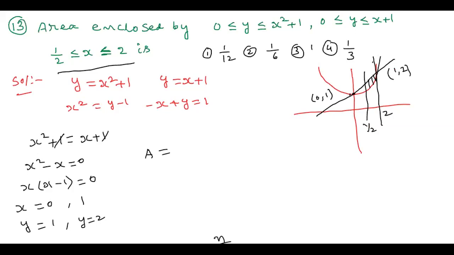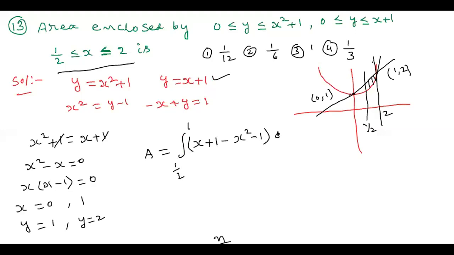So here, what are the limits? The x values, 1 by 2 to 1. What is the upper curve? The straight line. Straight line means x plus 1, minus the lower curve, that is the parabola, minus x square minus 1, dx.